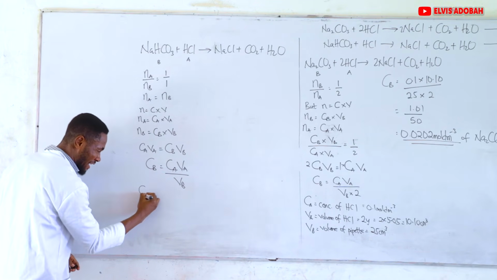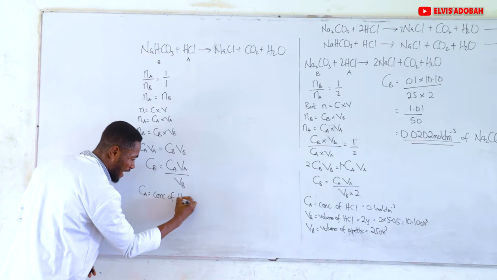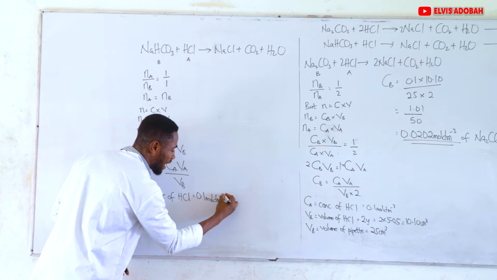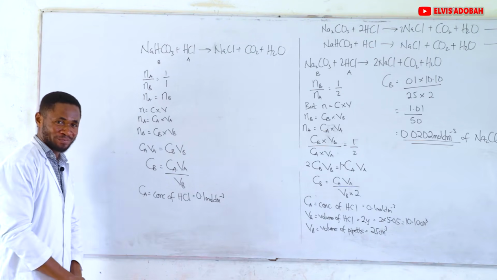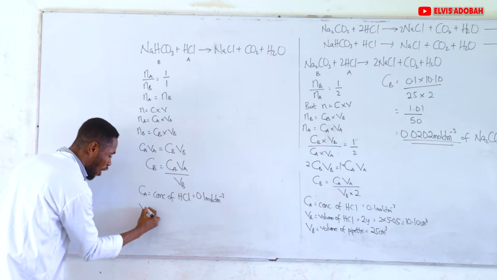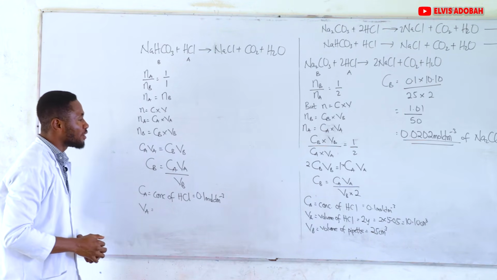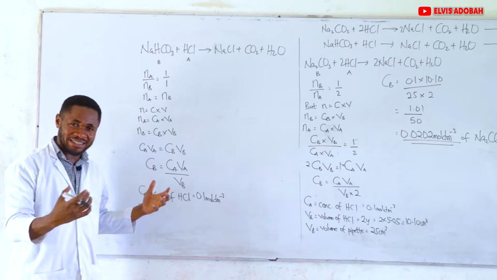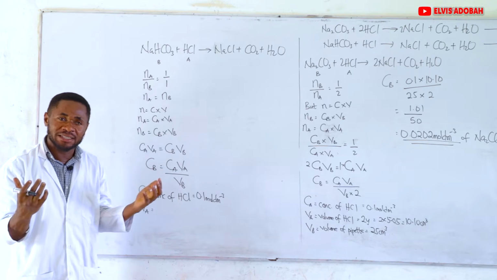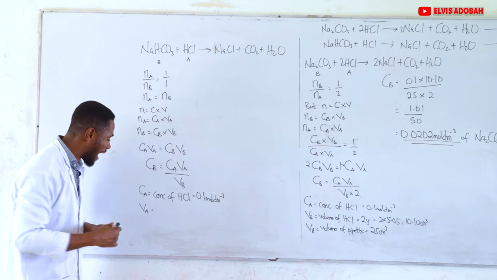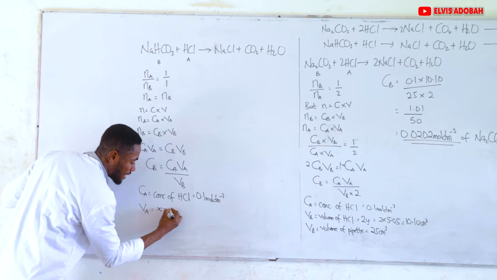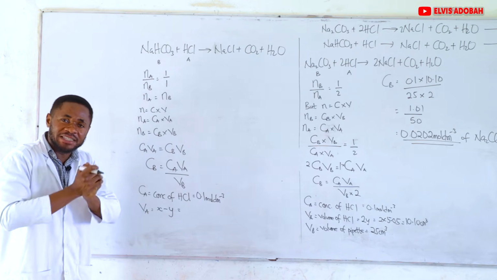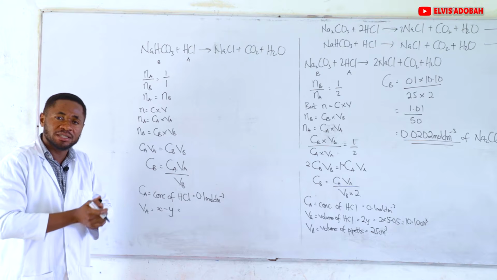As usual, our Ca is the concentration of HCl, which we are given as 0.1 mole per decimeter cube from our previous video. Then the volume of A, volume of HCl. Remember, we proved that the volume of acid that is required to completely neutralize our sodium bicarbonate is given as X minus Y, where X is our average titer from the methyl orange titration.